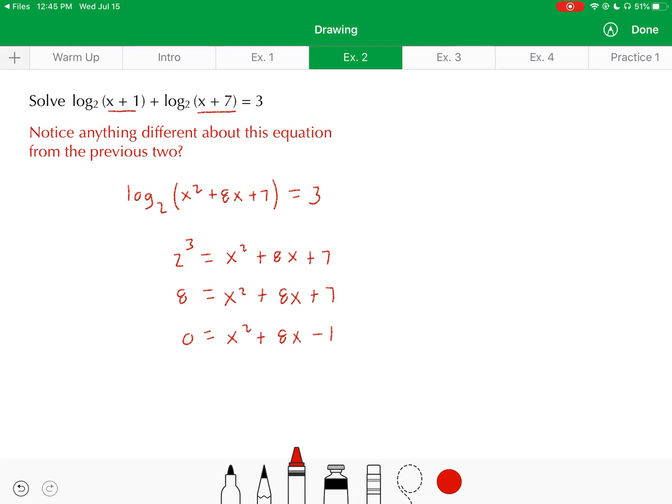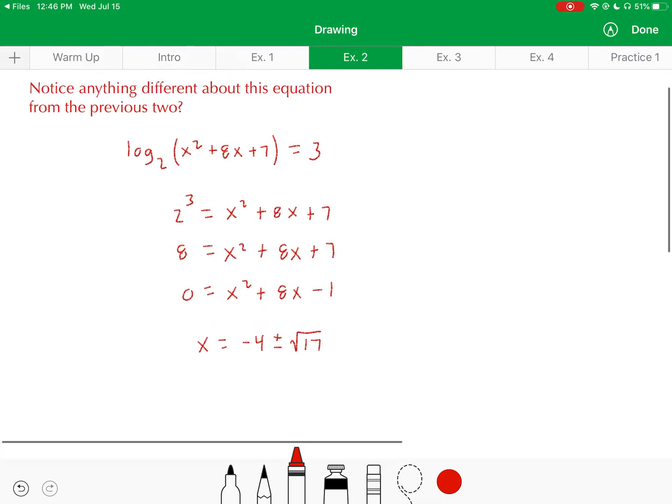And then this one you'll end up needing to use the quadratic formula or completing the square on. It ends up being x equals -4 plus or minus the square root of 17. And let's approximate those. If it's -4 plus the square root of 17, you end up with approximately 0.123.